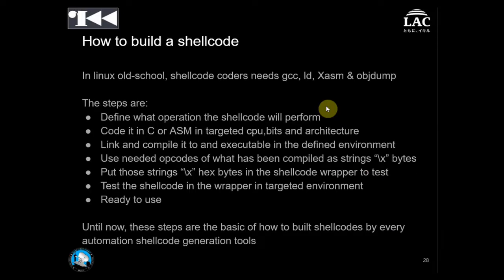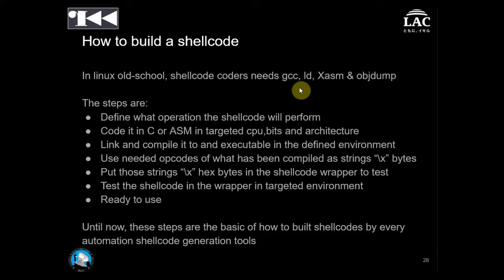First, we will talk about the theoretical way to make a shellcode itself. In the old school shellcode, when it is coded in the Linux environment, it will need a compiler, which is GCC, and a linker, which many of us probably use as LD, and some kind of assembler compiler too.